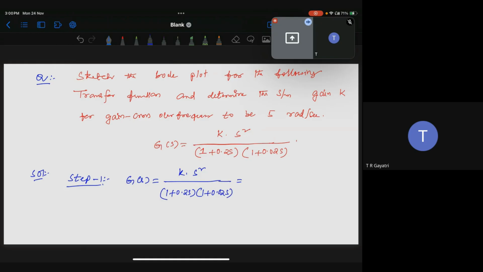We are identifying the time constants, so K s square by (1 plus sT1)(1 plus sT2).